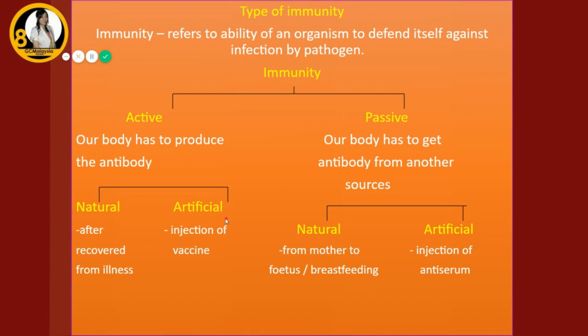We will get this immunity by injection of vaccine. Natural passive immunity, we will get it from mother, from fetus or breastfeeding. Artificial passive immunity is injection of antiserum. We will get the immunity, okay?